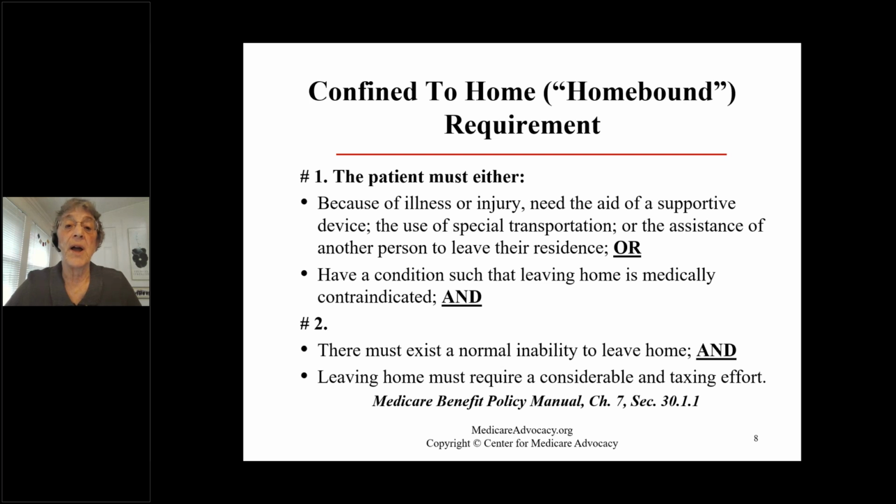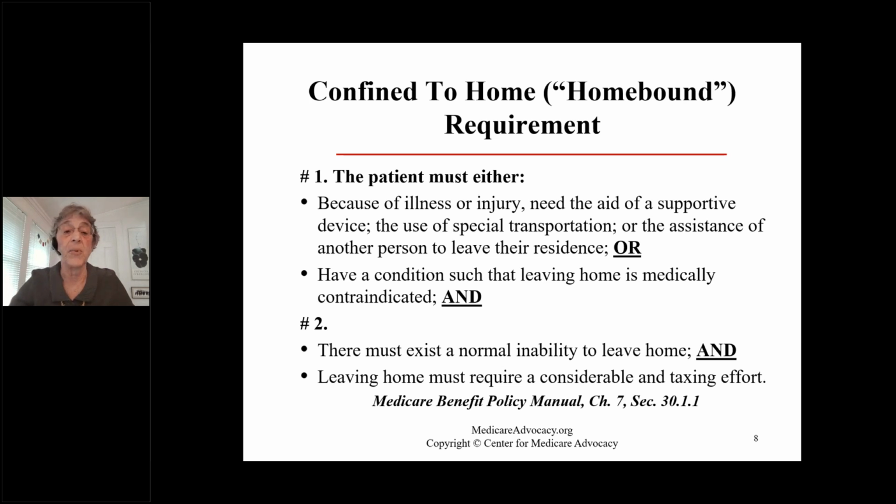Confined to home is often, as I said, referred to as homebound, and it includes two basic prongs. Number one, the patient must either, because of illness or injury, need the aid or support of a device like a cane, walker, or wheelchair, the use of special transportation, or the assistance of another person in order to leave their residence.